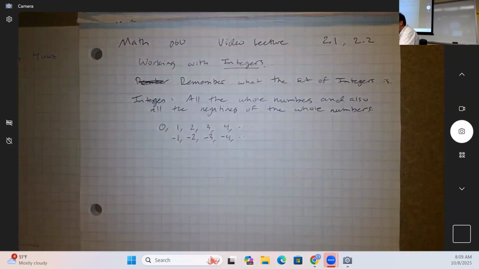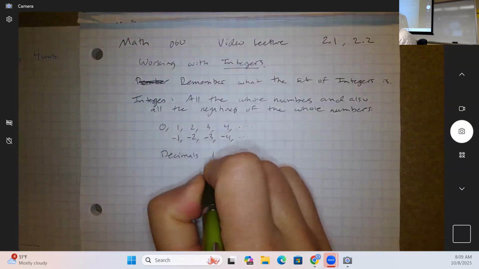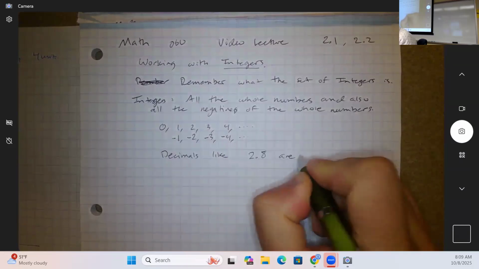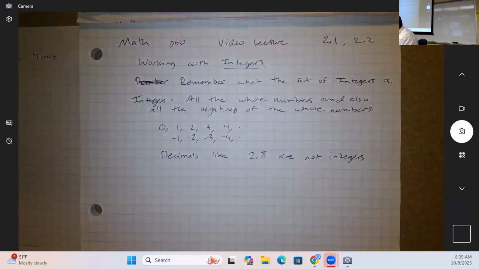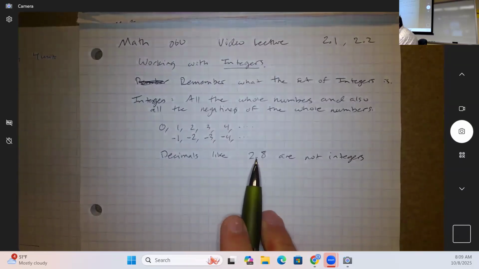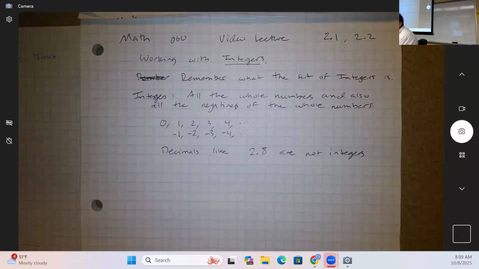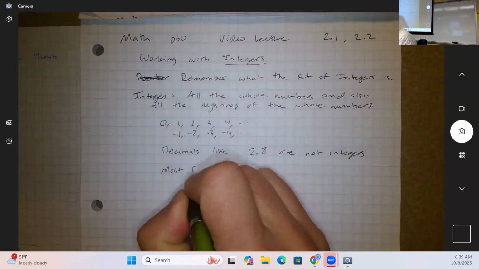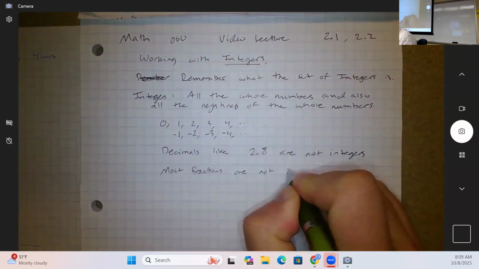So those are the integers. Decimals, I just want to point out, decimals like 2.8 are not integers. Anything with numbers after the decimal point is not an integer. Most fractions are not integers.